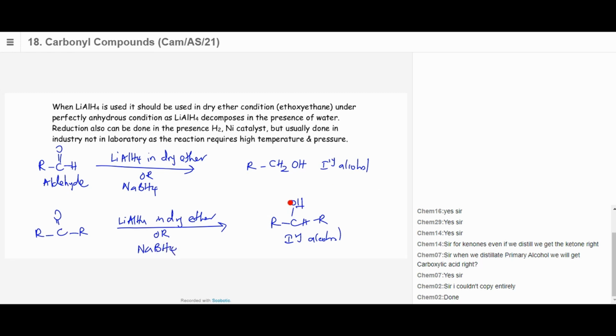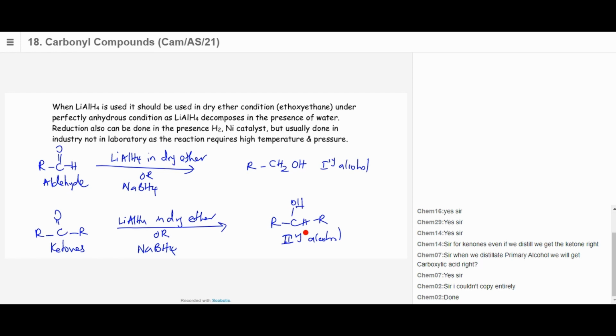Either reducing agent can be used to reduce the ketones. The same way, you add H and H across the pi bond. You break the pi bond, you add H and H, so you can convert the ketone into secondary alcohol. This is reduction of the aldehydes and ketones to the respective alcohols.